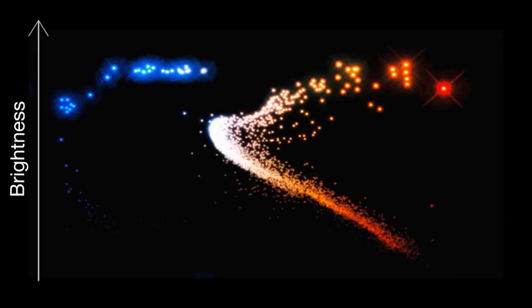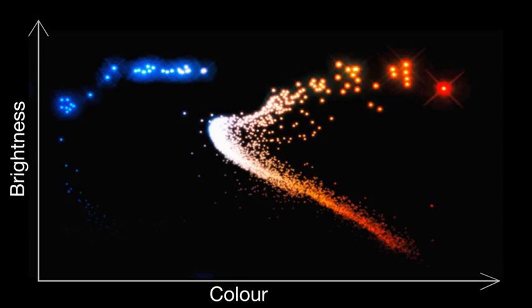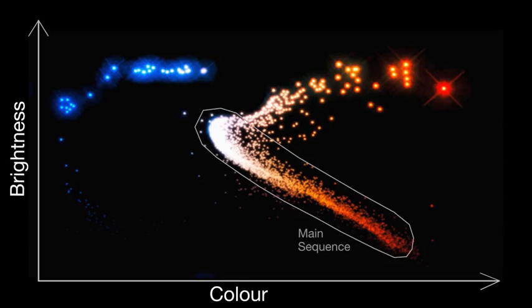So this is the Hertzsprung-Russell diagram of all the stars in Omega Centauri, and the axes here, let's remind ourselves, are brightness and colour. Now we can see that there are preferred combinations of brightness and colour where different groups of star lie. The majority of stars are lying along a band that we call the main sequence, and this is indeed where we find our own Sun. Now some other stars are found at brighter luminosities and redder colours, and we call these the red giants.